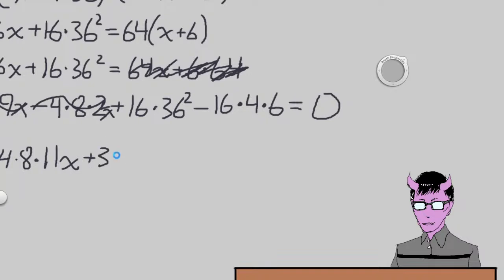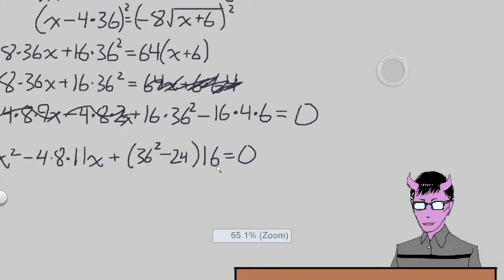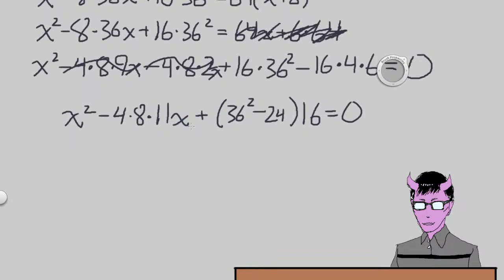So in parentheses, 36 squared minus 4 times 6, close parentheses, of those 16s. Is that worth it? Maybe not. Okay, so we still have this nasty quadratic situation, and it honestly looks terrible. But I think I'm just going to put it in a calculator at this point, because it is a big waste of time.